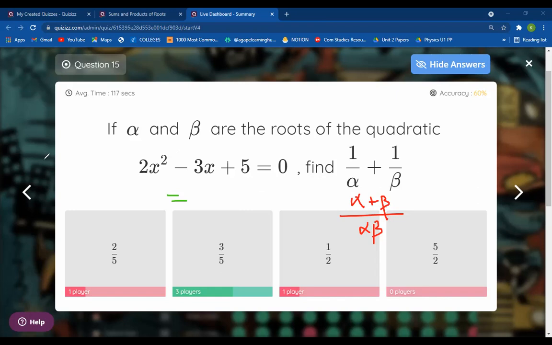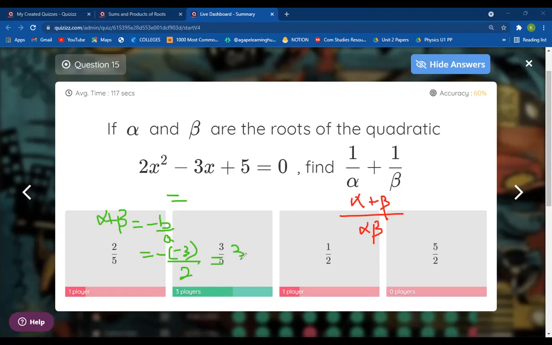What's my alpha plus beta in this case? Let me write it out. Alpha plus beta equals minus b on a. What's b in this case? Minus 3, so that's minus minus 3 on 2.